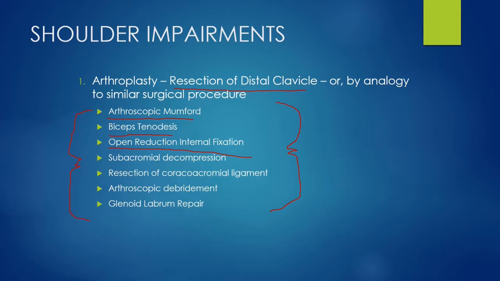And when the clavicle is destabilized, we subsequently have a loss of support for the neurovascular structures that pass on top of and below the clavicle, such as the brachial plexus and such as the subclavian vessels. So with a resection of the distal clavicle, it leads to impairment associated with compression of the neurovascular structures.